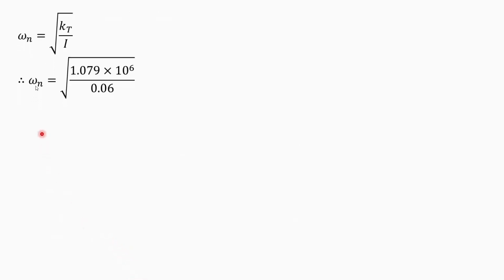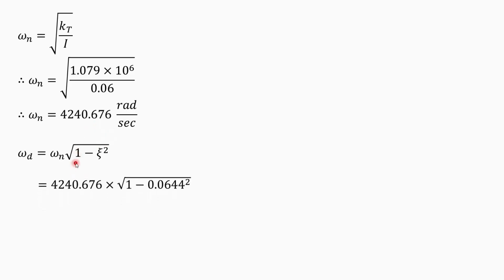Now the value of natural frequency is square root of Kt upon I in case of torsional system. Instead of k upon m, it will be Kt upon I. So substitute the values: Kt is this particular value, I is 0.06. So omega n will be equal to 4240.676. Damped natural frequency is omega n square root of 1 minus zeta square.